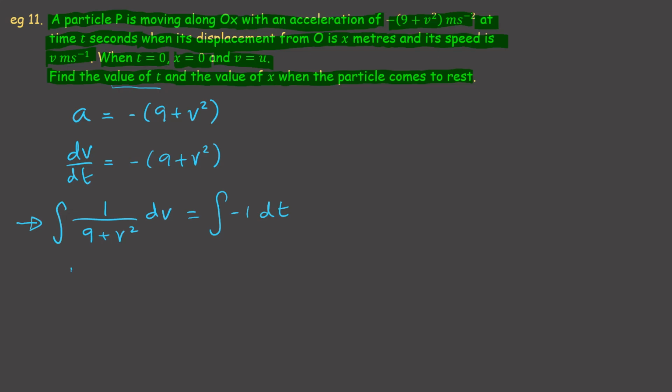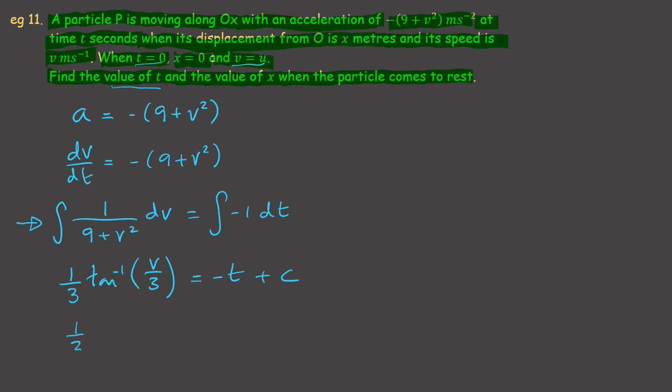When we integrate that, we get 1/3 of the inverse tangent of v upon 3. And that's going to be equal to negative t plus some constant. Now, v is equal to u when t is equal to 0.